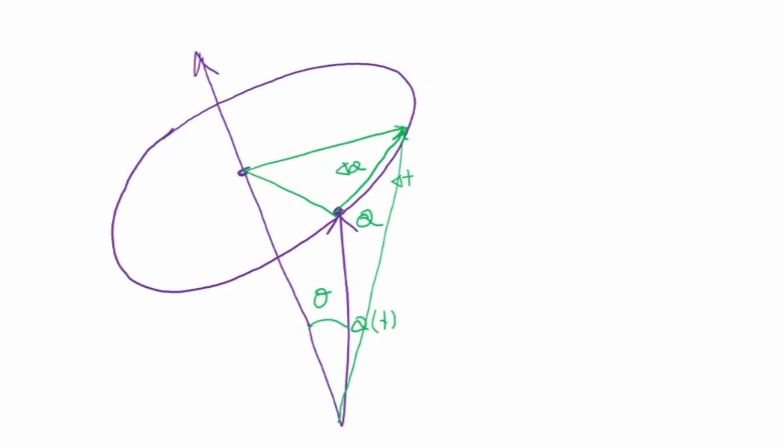So what is delta Q equal to? Delta Q is this distance, which is equal to R into delta theta. If this is my R, then delta Q is equal to R into theta, or for a very small angle, delta theta. Let me call this angle delta theta. That is the distance delta Q which it has moved.